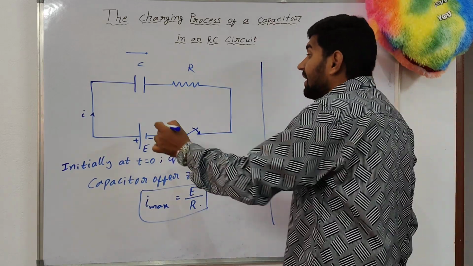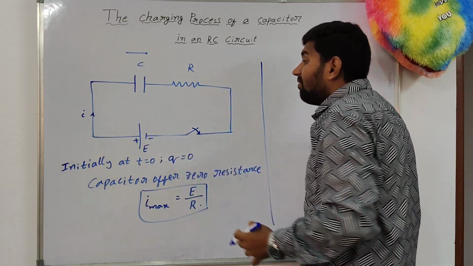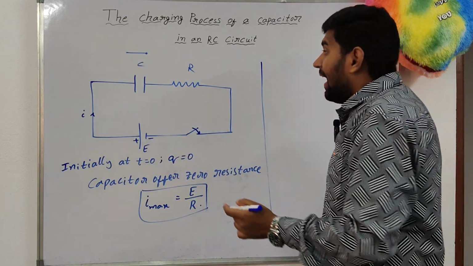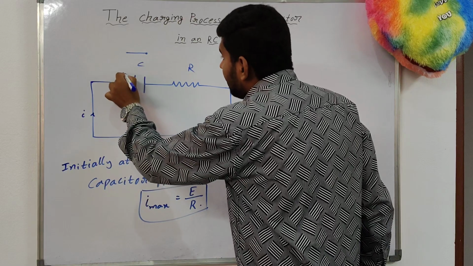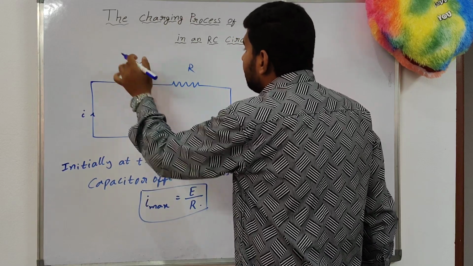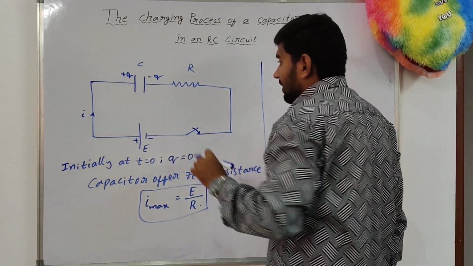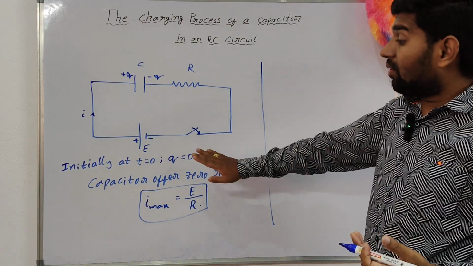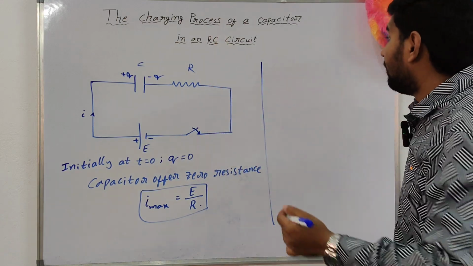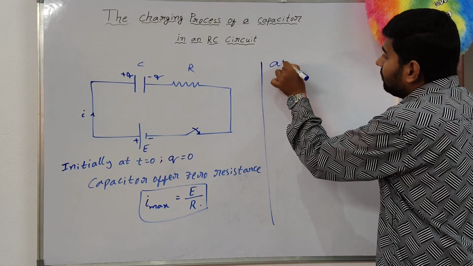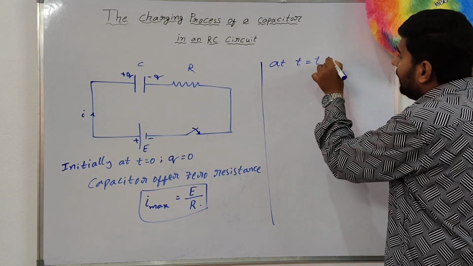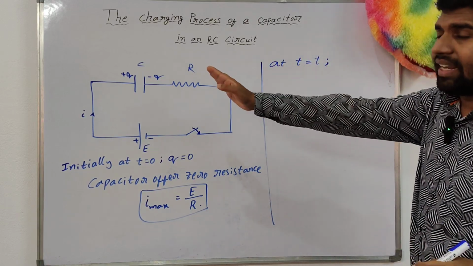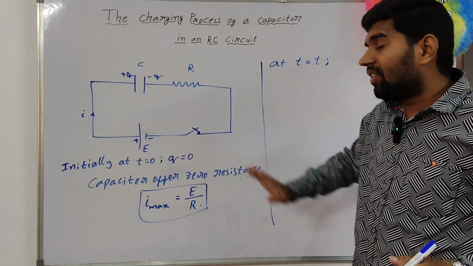The charges accumulate on the plates of the capacitor; this plate becomes positively charged and this plate becomes negatively charged. At t is equal to 0, q is equal to 0. After some time, let us consider at t is equal to t, the charge is accumulated on both plates of the capacitor.